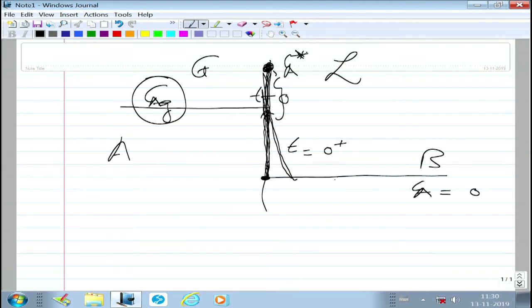Get that? And in that time 0 plus, the distance penetrated by A in the liquid phase will be very close to the interface, a short distance. Is that clear?